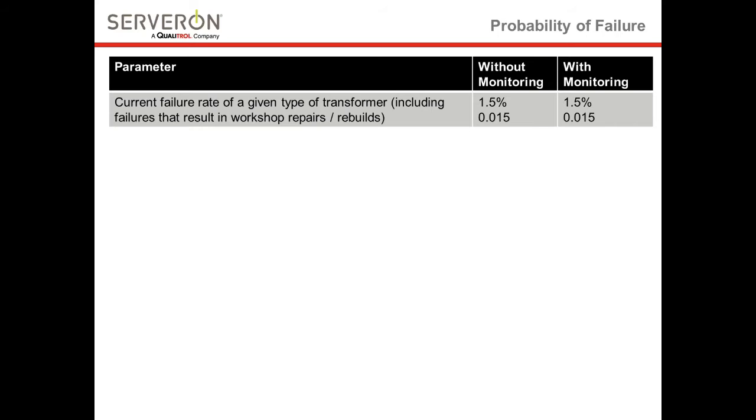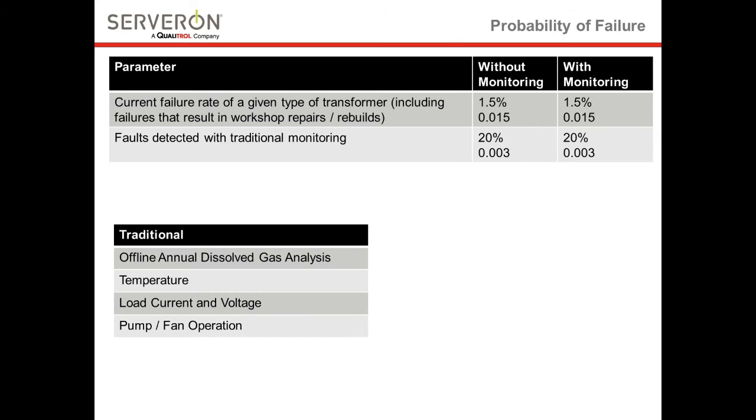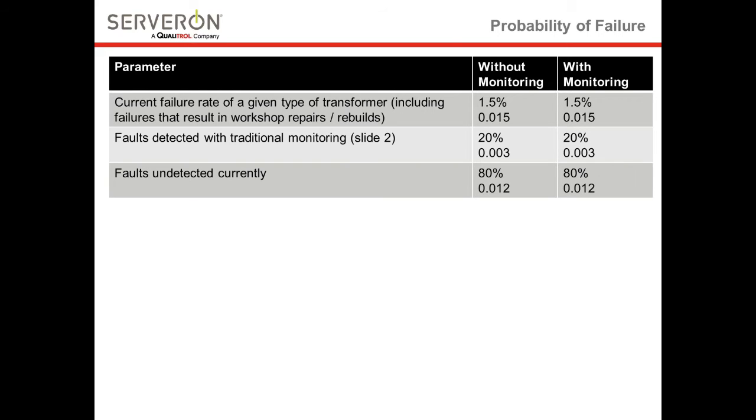Faults detected with traditional monitoring, and I mentioned already traditional monitoring, so that would be offline annual dissolved gas analysis, temperature monitoring, load current and voltage monitoring, pump fan operation, etc. So 20%, as an example, can be detected with traditional monitoring. Faults undetected currently in that situation would leave 80%.